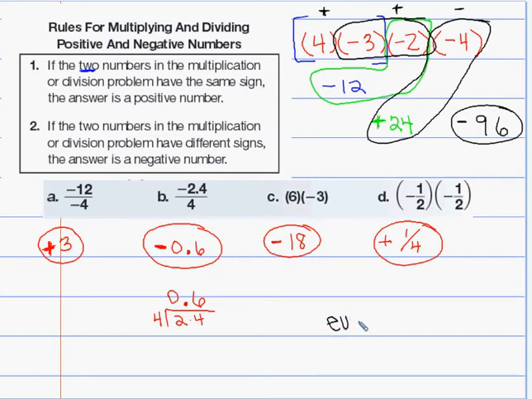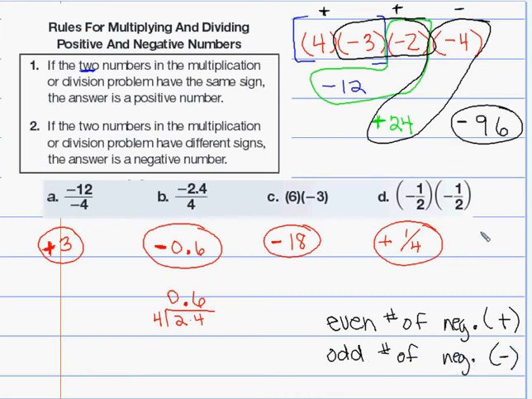And an even number of negatives will always be a positive answer, and an odd number of negatives will always be a negative answer. And that goes for the same if you're dividing.